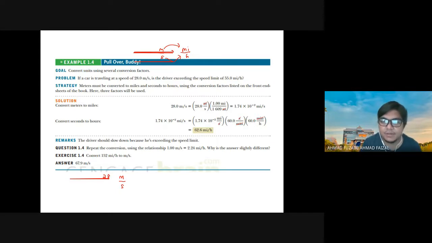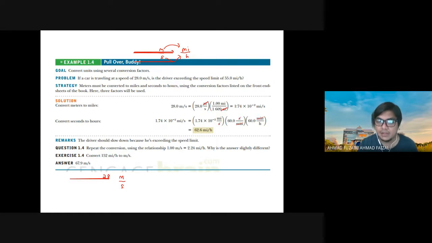So first of all, like they did here, is 28 meter per second. Do a lot of cancellations here. 1 mile is equivalent to 1,609 meters. So meter and meter can be cancelled out. And how about here? Here is the seconds.